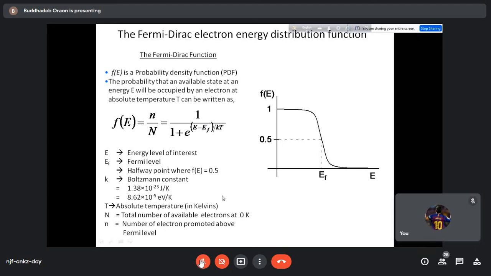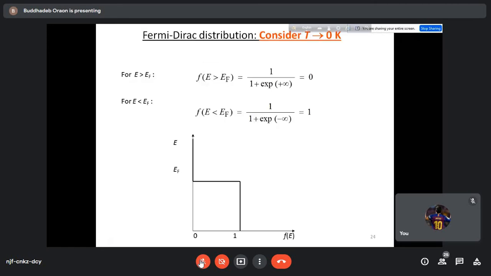So what is the Fermi energy level? That we'll have to understand here. We can understand from this graph also.